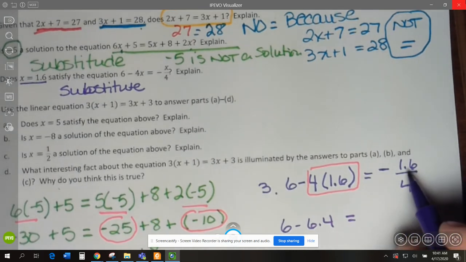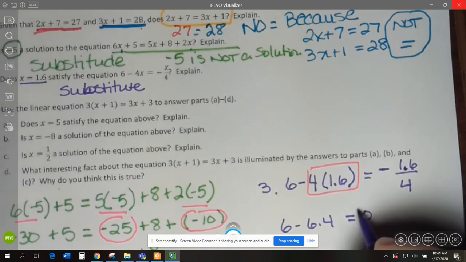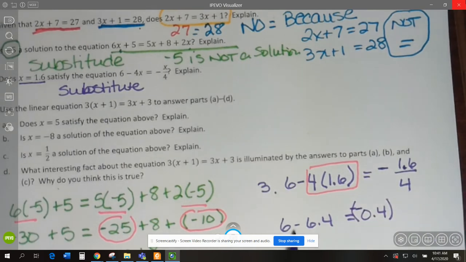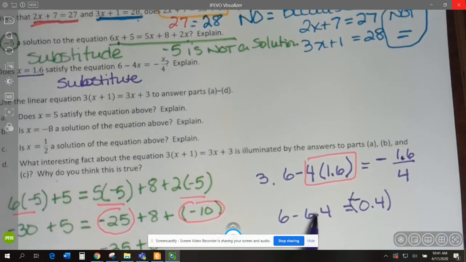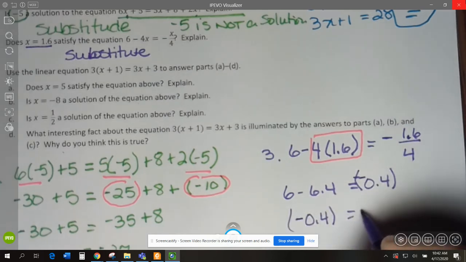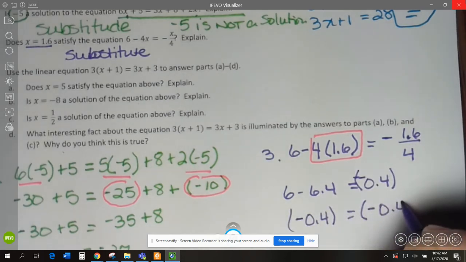I can use a calculator, but I know that 4 goes into 16 4 times, so it's going to be a negative 0.4. Let me put this in parentheses, negative 0.4. If I have 6 minus 6.4, I'm going to end up with a negative 0 and 4 tenths. And that is going to equal a negative 0 and 4 tenths.